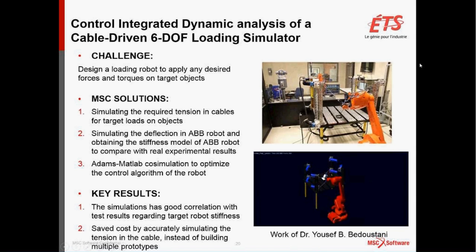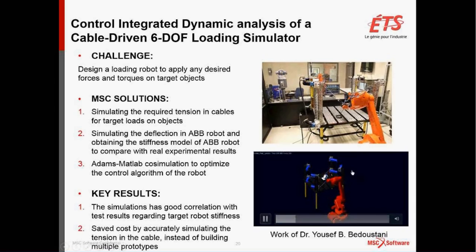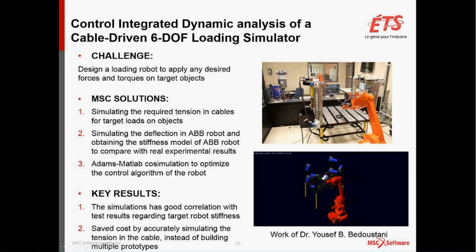In this scenario, he's applying the torques and forces on an industrial robot. The final goal is to help test the stiffness of the industrial robot by applying torques and forces and observing the deformation of the robot itself.